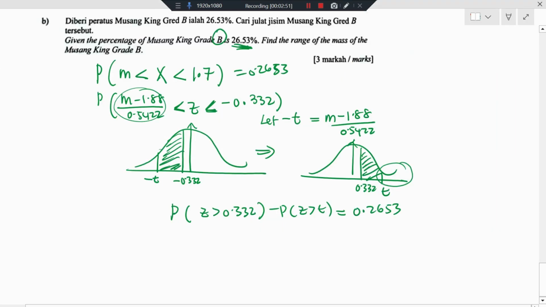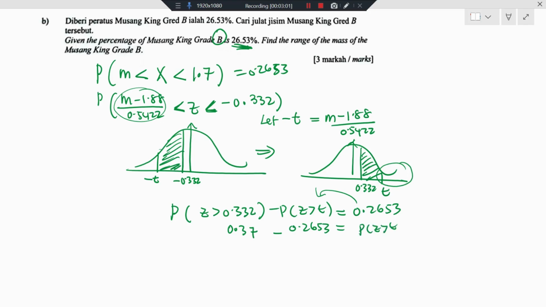Okay, 0.37 minus what? I just bring in here, 0.2653. I make the probability Z greater than t as your subject. So 0.37 minus 0.2653, I'm getting probability Z greater than t is 0.1047.